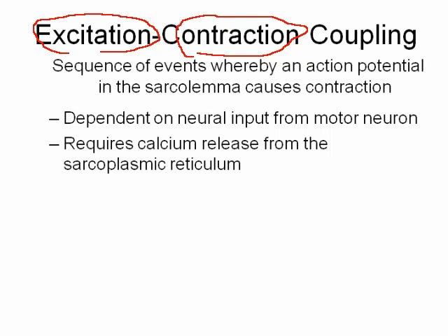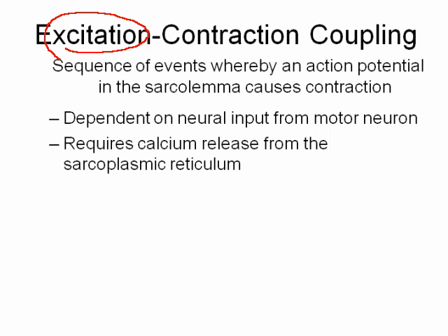And if you remember, acetylcholine is released, binds to cholinergic receptors, specifically nicotinic receptors, causes a graded potential, which ultimately is going to cause activation of voltage-gated sodium channels, which is going to cause an action potential on the sarcolemma membrane. It is that action potential we're referring to here from the excitation. It is the action potential in the muscle membrane itself that is going to cause this cross-bridge cycle to start, causing contraction.